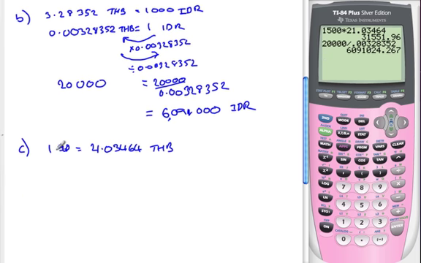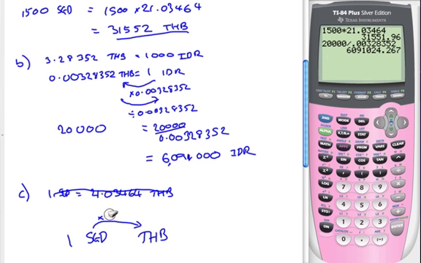So ignore that. If we want to go from 1 Singapore dollar to Thai baht, what we needed to do was multiply by, not 0 point at all, it's 21 point something. Here we go.